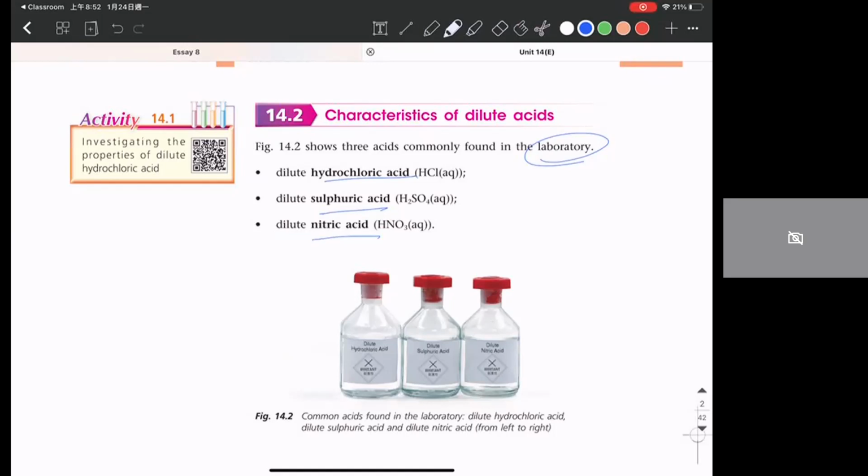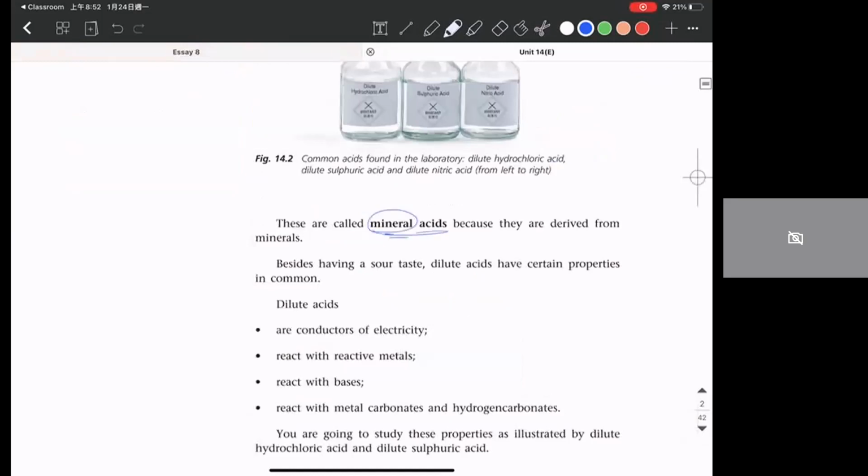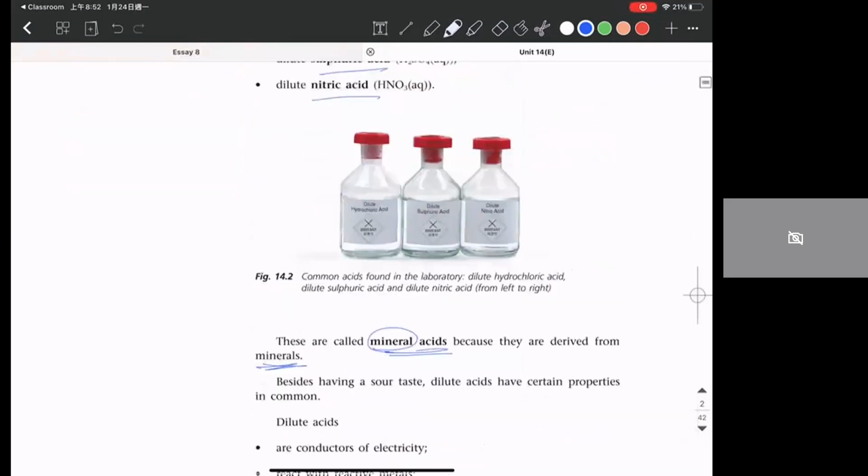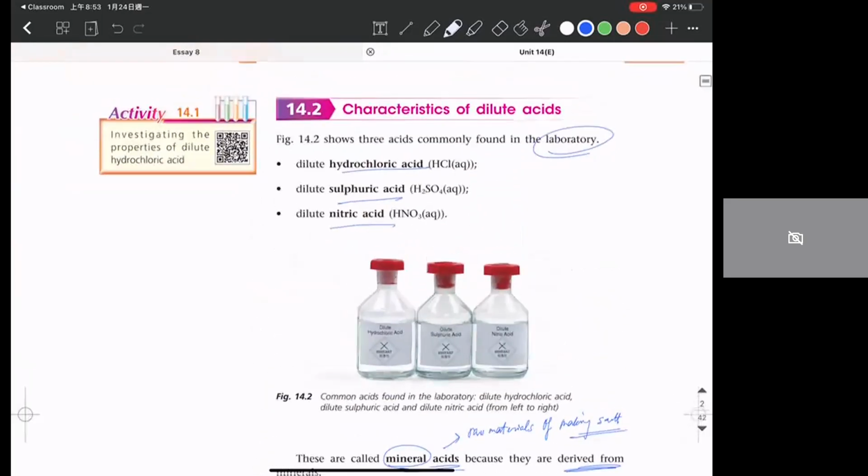We call them mineral acids because they are derived from minerals. In other words, you may use them to produce some salts, or as raw materials for making salts. For example, HCl.